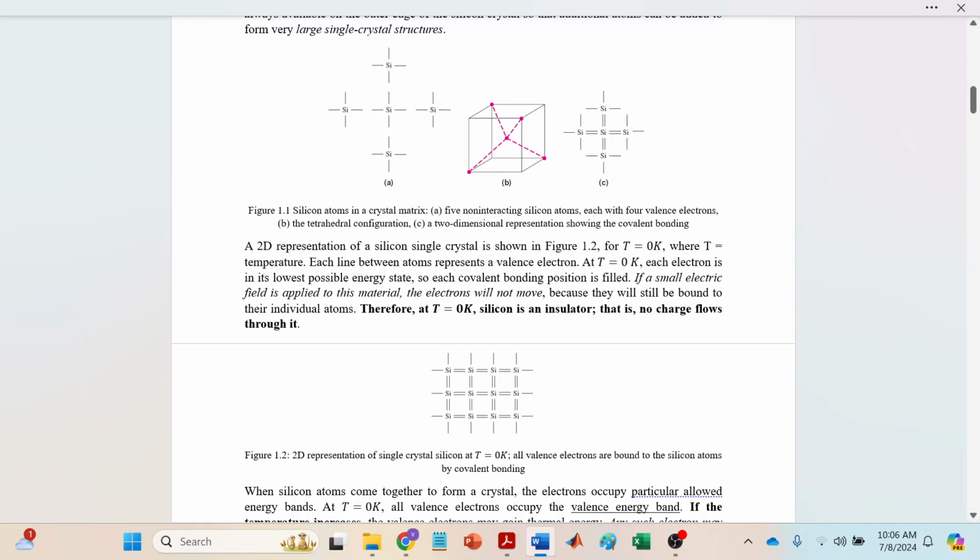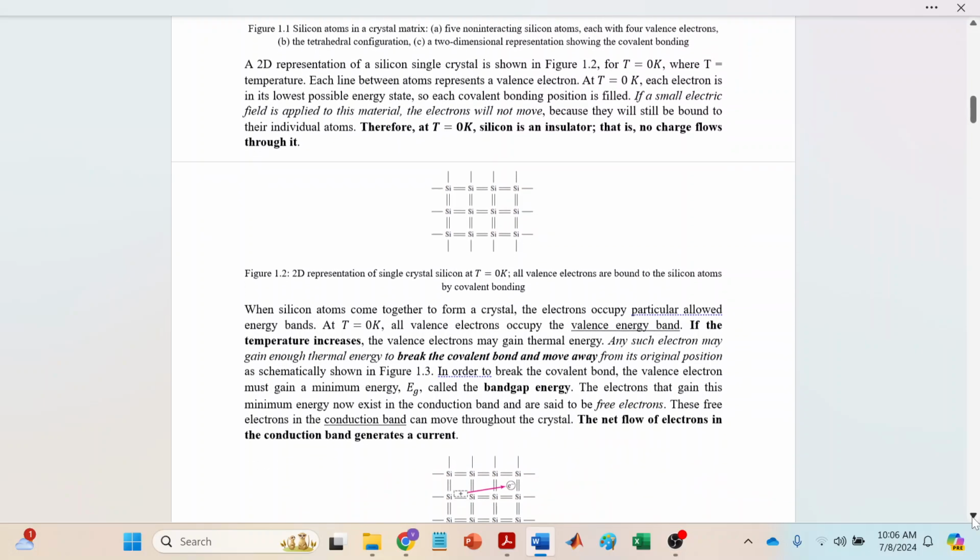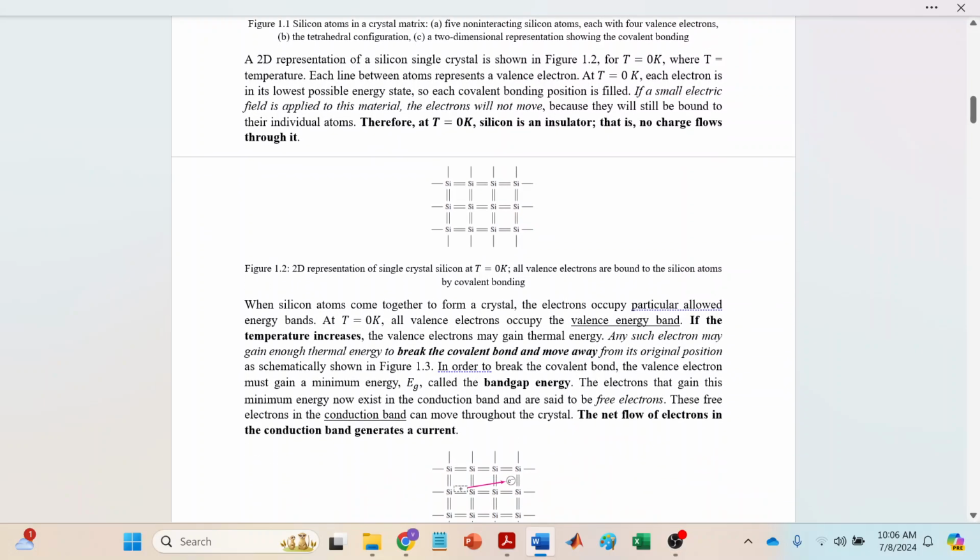No charge flows even when an electric field is applied. And we said that at 0 Kelvin, the atom is in its lowest possible energy state. So the valence electrons occupy the valence energy band, at the lowest possible energy state.